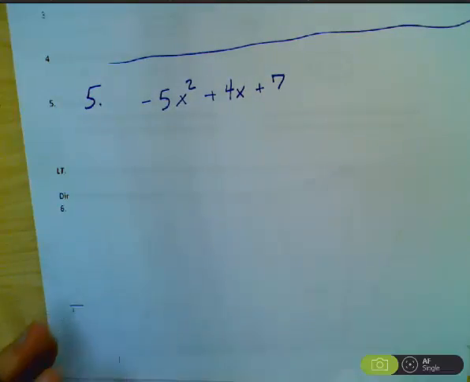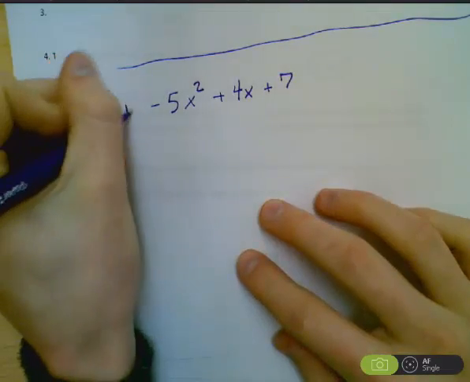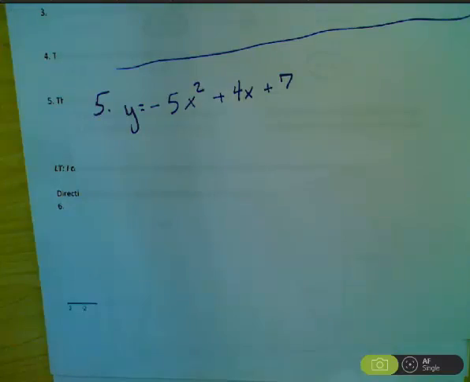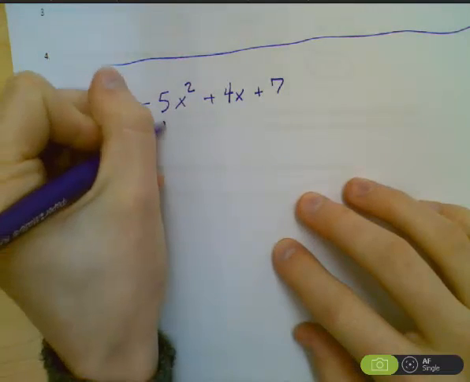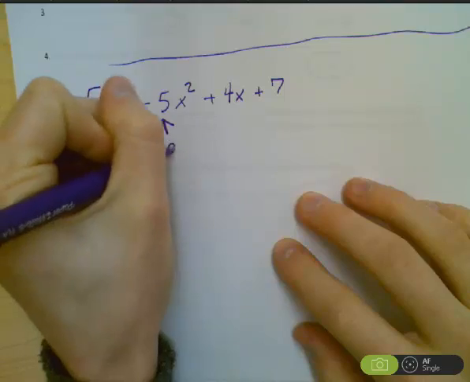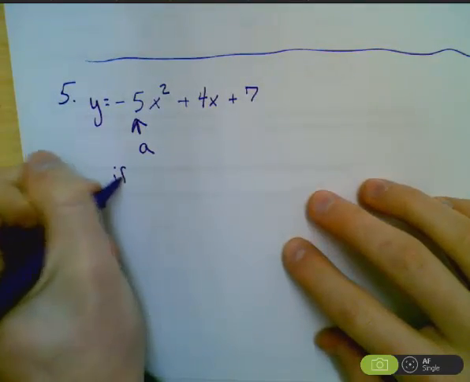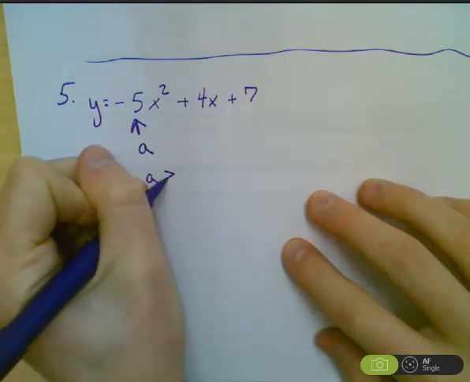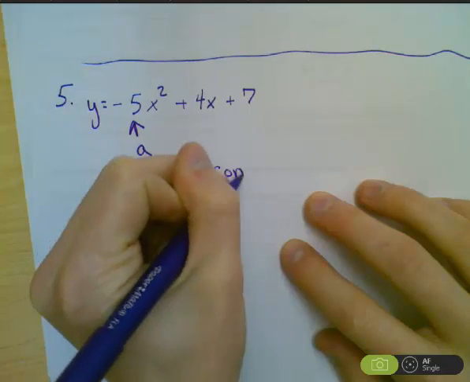So we've got y equals negative 5x squared plus 4x plus 7. Our a value is going to be negative 5. If a is greater than 0, then we know that we would have concave up.